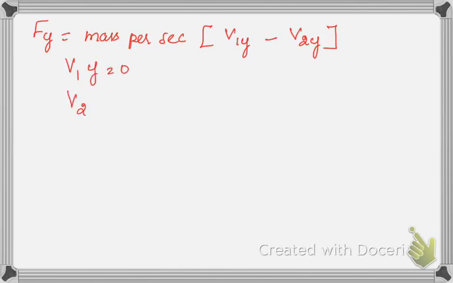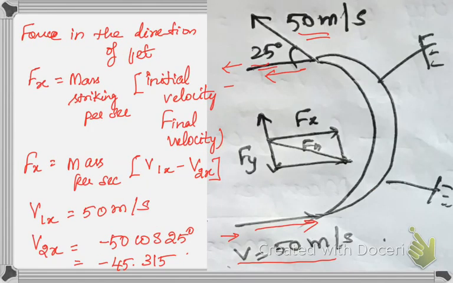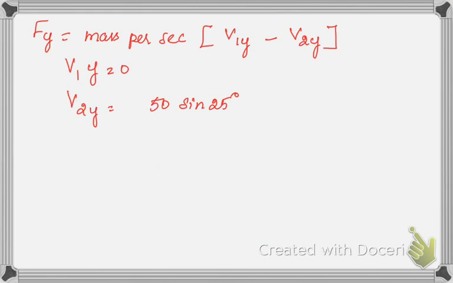But for my v2y, water is flowing because there is an angle here. So my v2y is nothing but 50 sin 25. Since in the y direction, water will be going like this, and after striking also it is going like this, I have not mentioned any minus sign here.